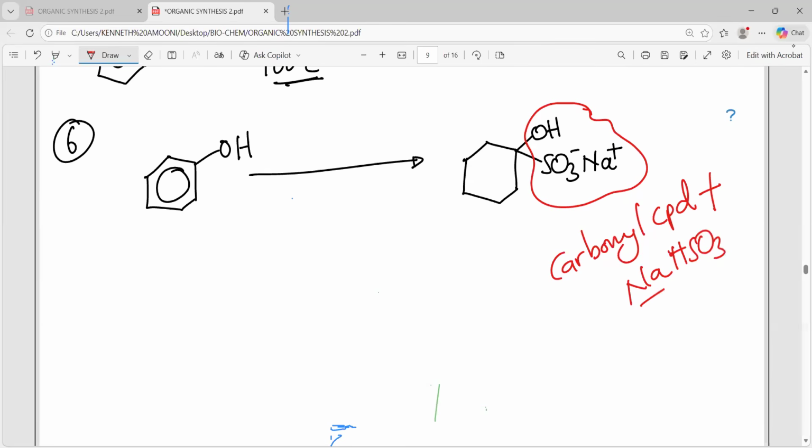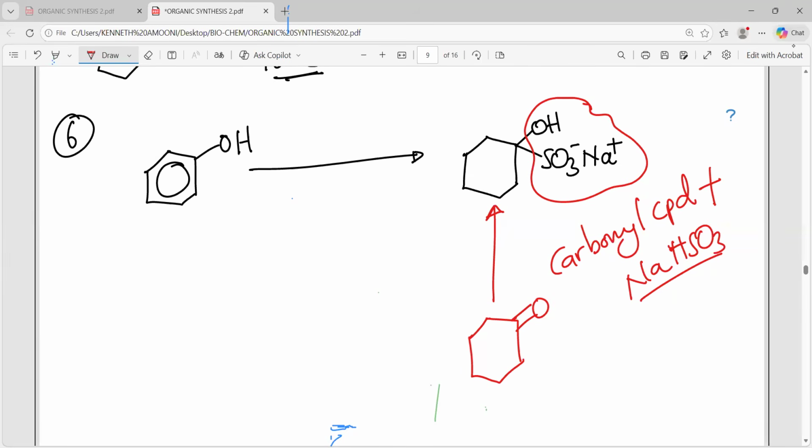So the carbonyl compound most likely is going to be this one here, cyclohexanone. That is the carbonyl compound we are going to produce.